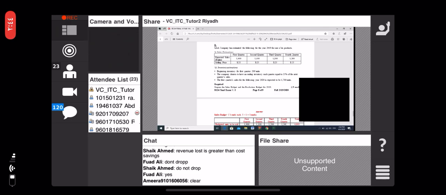Third quarter, 1,200 multiplied by 25, and last, 1,300 multiplied by 25. So you can find the sales budget: multiply the units to be sold by the price per unit for each quarter.